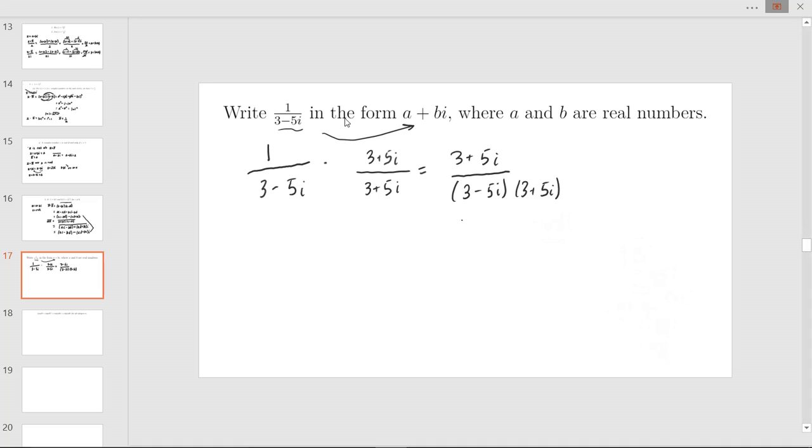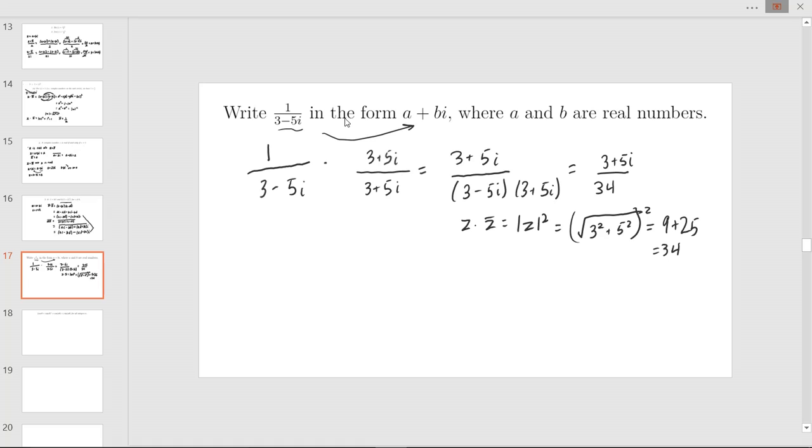Recall that z times z bar is equal to the magnitude of z squared. So in this case, our magnitude squared is 3 squared plus 5 squared, which is just 9 plus 25, which is 34. Hence we have a 34 in the denominator.